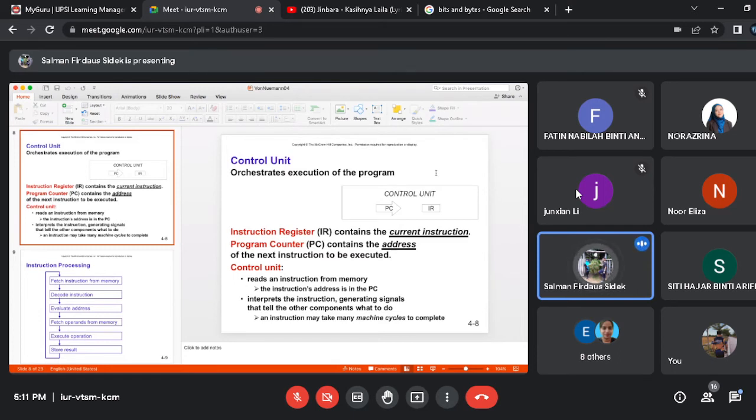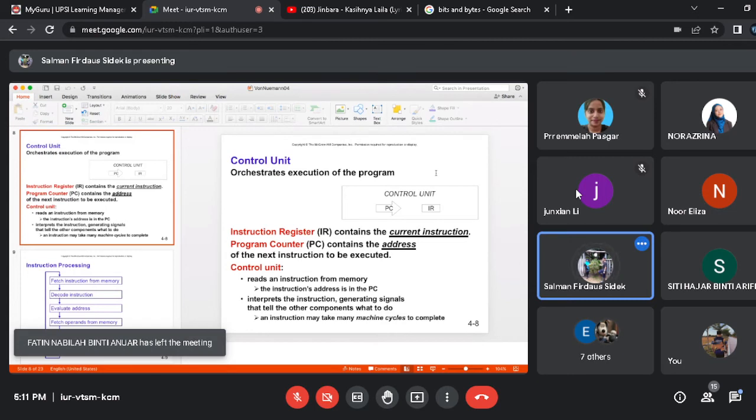IR contains the current instruction. Instruction means data or information. Instruction contains data and information, so we combine both and use the term instruction, arahan. The instruction that will be processed, I mean the data and the information that will be processed, will be kept in the instruction register.